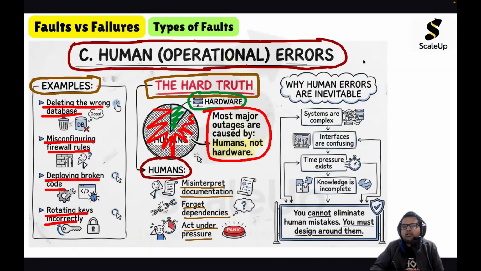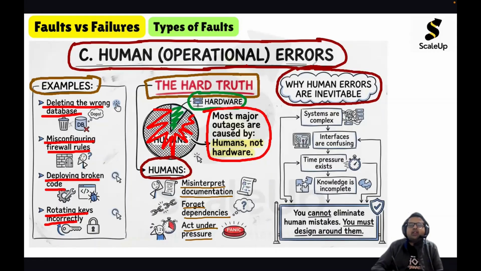And hence, we can say that human errors are inevitable, because humans can make mistakes. If they are acting under pressure, they might forget dependencies, they might misinterpret documentation, and they might end up producing errors.